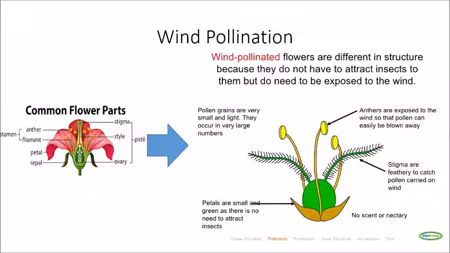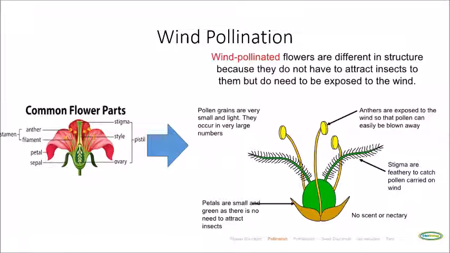Also, these petals are not going to have some type of smell that attracts insects. The reason is that this flower is doing wind pollination, so it doesn't need vibrant, attractive colors because it's not trying to attract insects. It's just going to rely on the wind. So that's the first adaptation of wind pollinating plants.